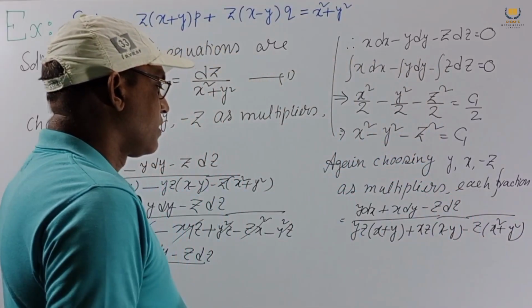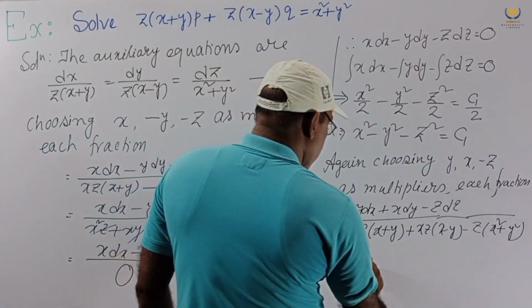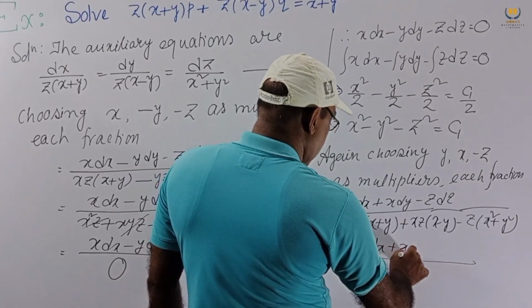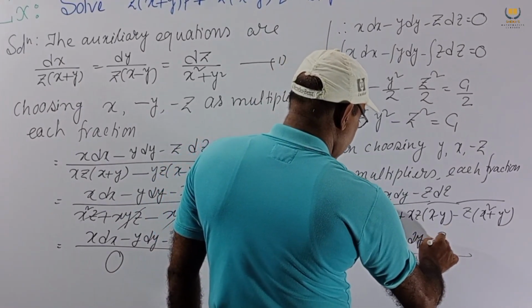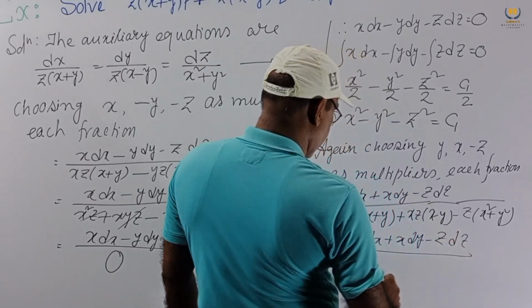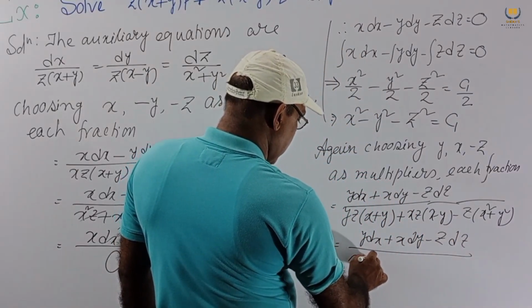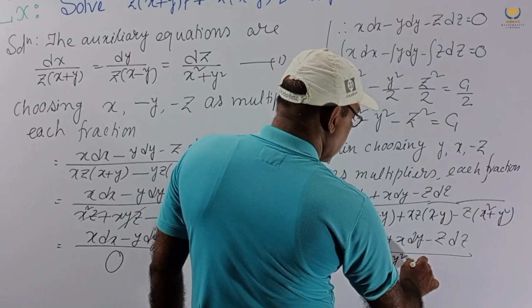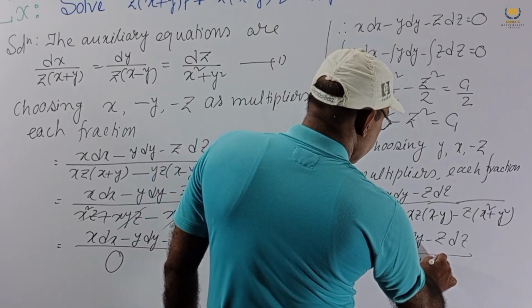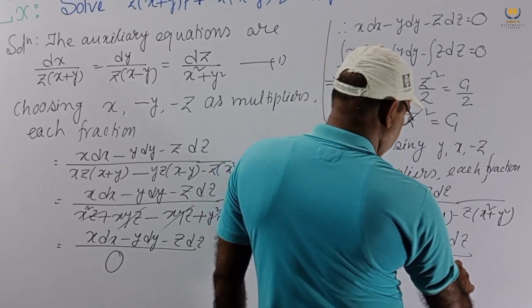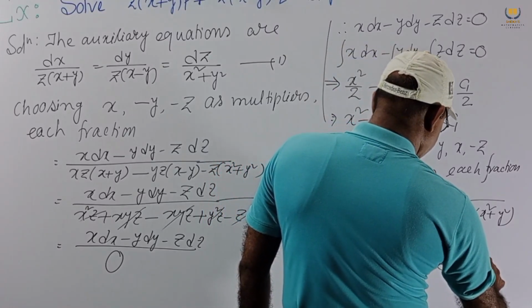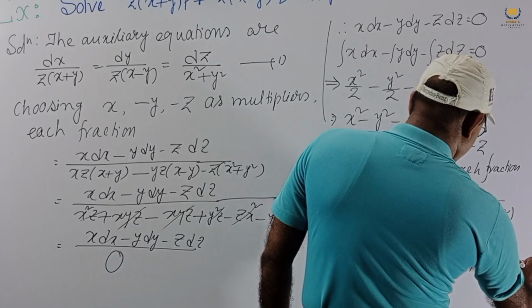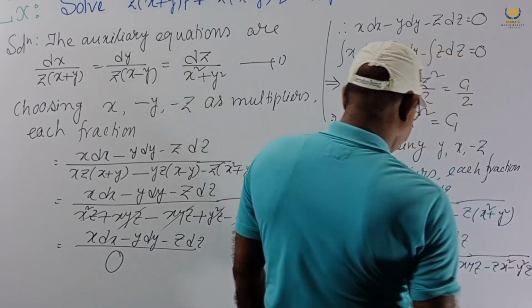This one we get. So this equals y dx, x dy, z dz over xyz, y square z, x square z, xyz, zx square, y square z.